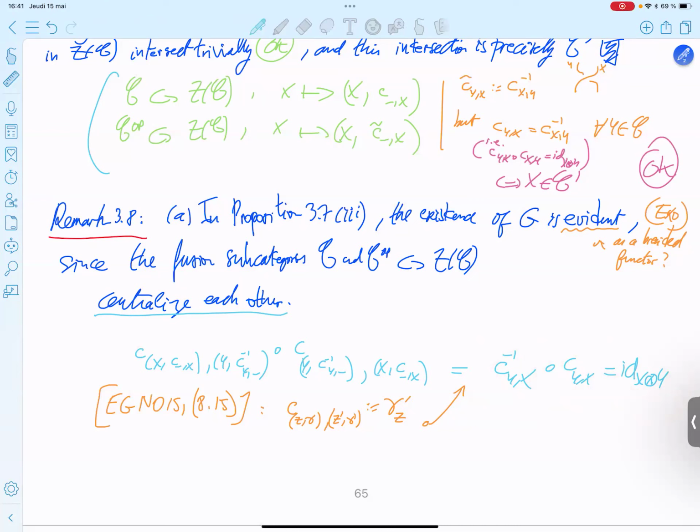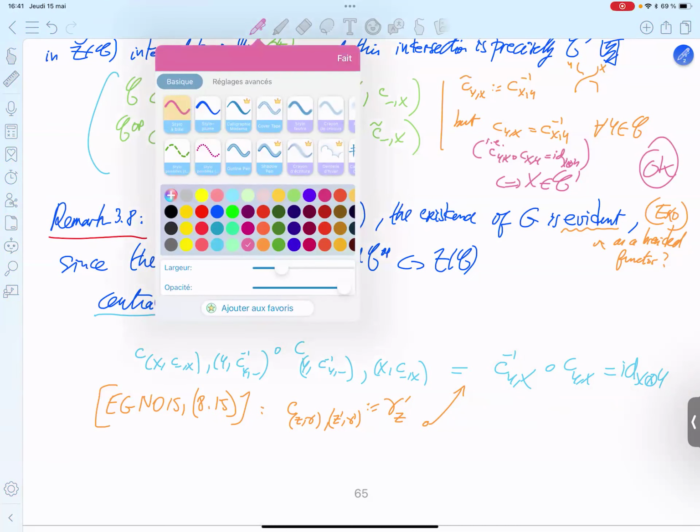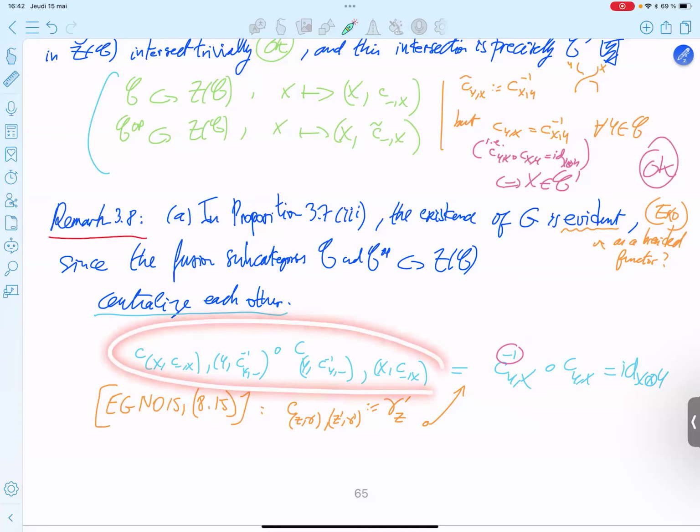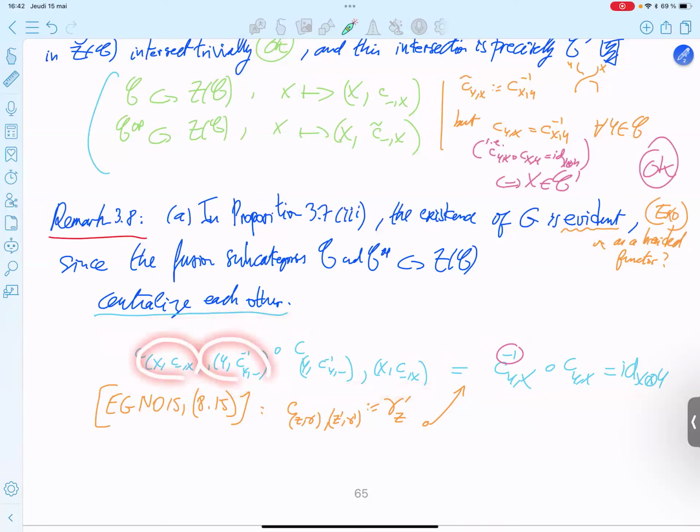There is nothing to prove because you have the inverse. So automatically, this object and this object centralize each other, and the embedding of this here and the embedding of this here centralize each other.